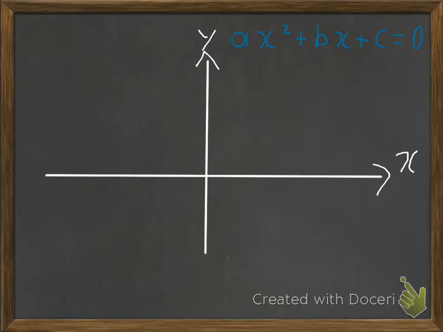And a quadratic equation being in the form of a parabola, it's like an upside-down St. Louis arc, can at most cross the x-axis 2 times. So here's one solution, and here's the other solution. Okay. Now in some instances, the parabola will only cross it once.